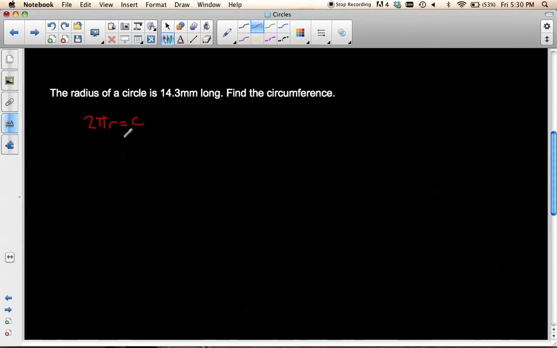So we take 2 times pi times 14.3 millimeters.